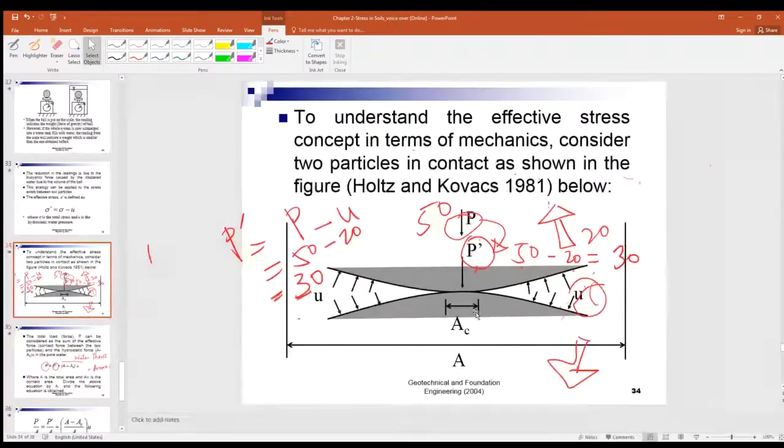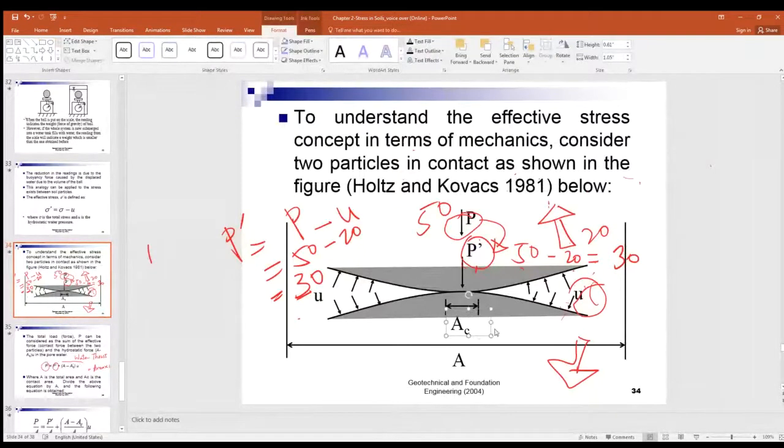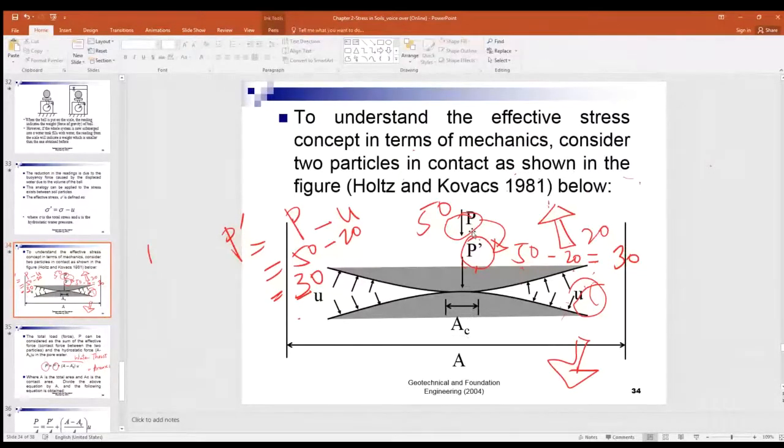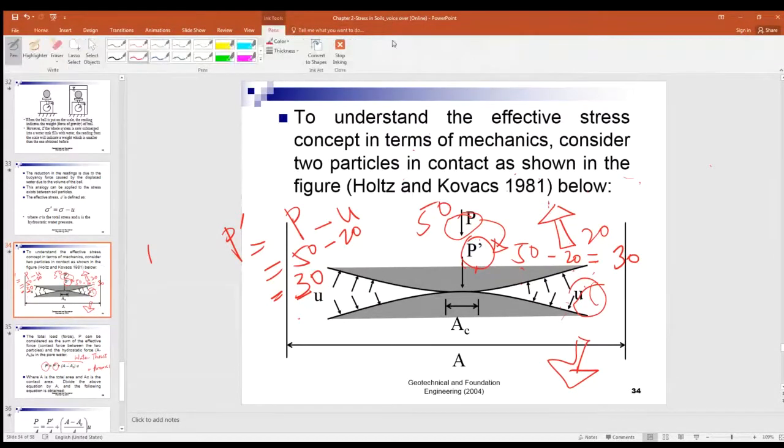So you can see the area of contact between the soil particles, AC, the C is for contact.